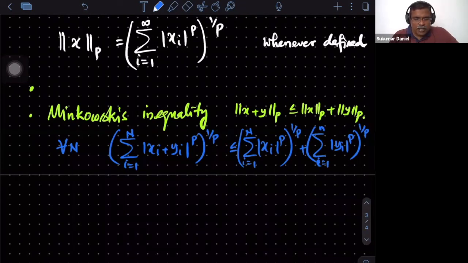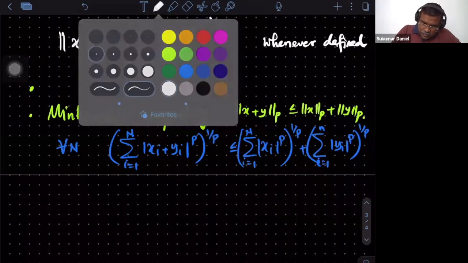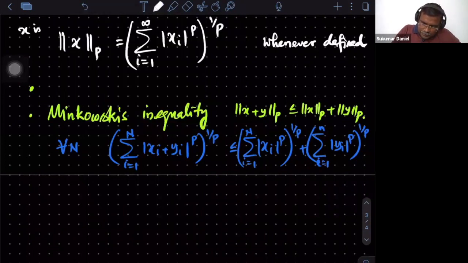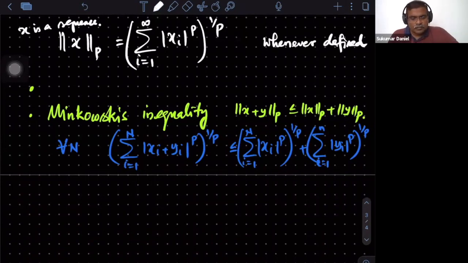And now from here, I'm saying that from this we can get the Minkowski inequality even if the elements are not from Rn, in fact from a sequence. Look at that. This is actually a sequence. Whenever it makes sense. And how do we get this?